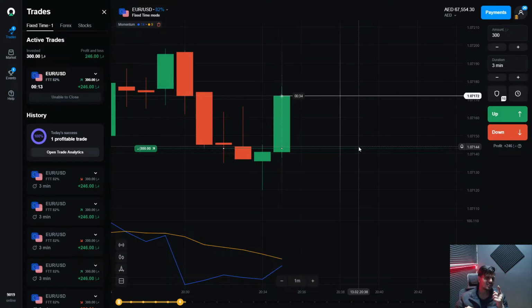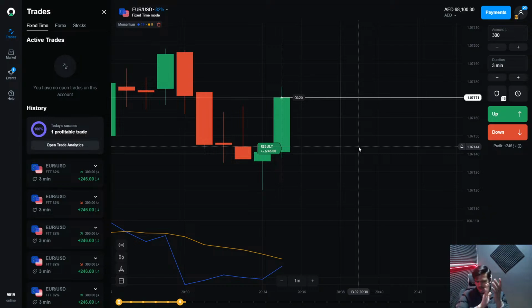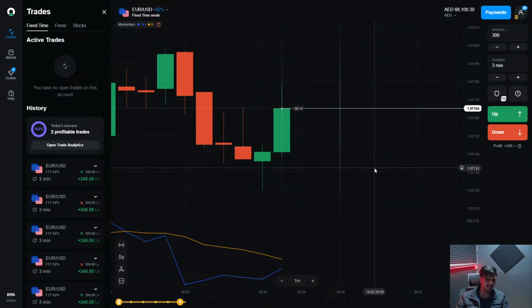If this Japanese candlestick doesn't move downward, then surely again, 10, 9, 8, 7, 6, 5, 4, 3, 2, and 1, profit. Wow. So guys, again the second profitable trade, and it has reached very high.